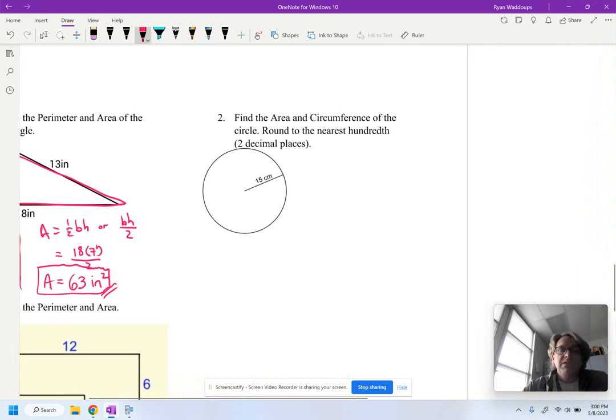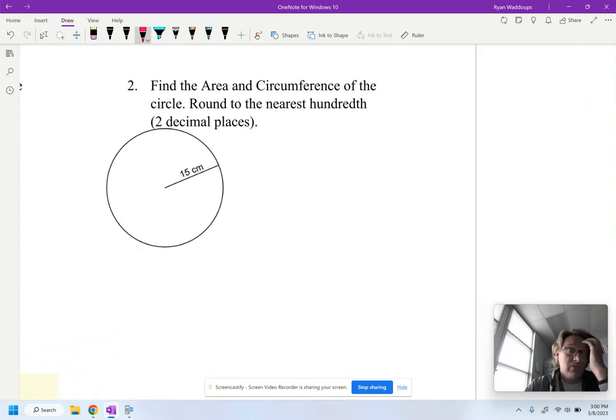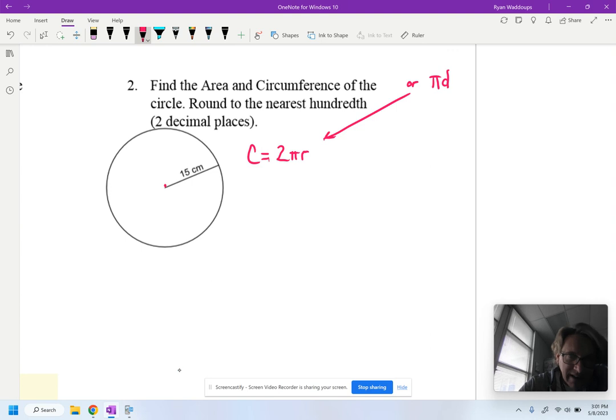All right, number 2, it says find the area and circumference of the circle, round to the nearest hundredth. Well, the circumference is 2 pi r, or pi times the diameter. But we're given 15, and 15 going to the center is the radius, not the diameter.